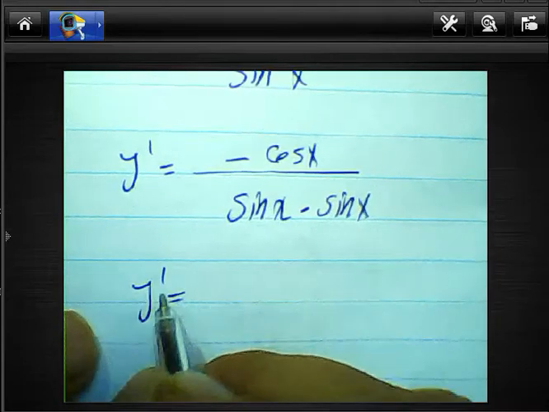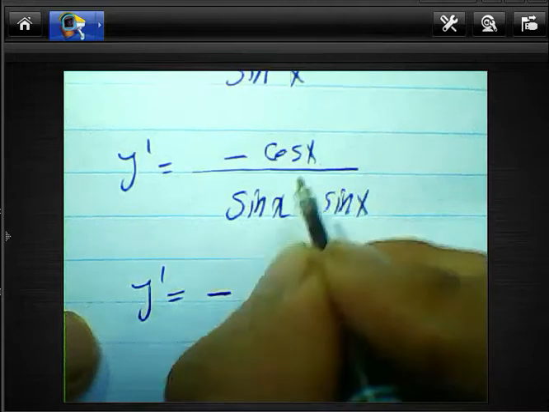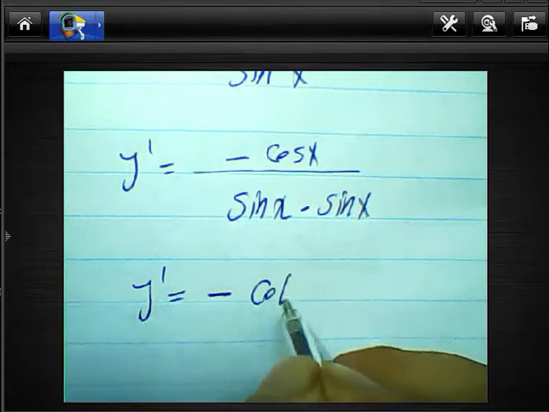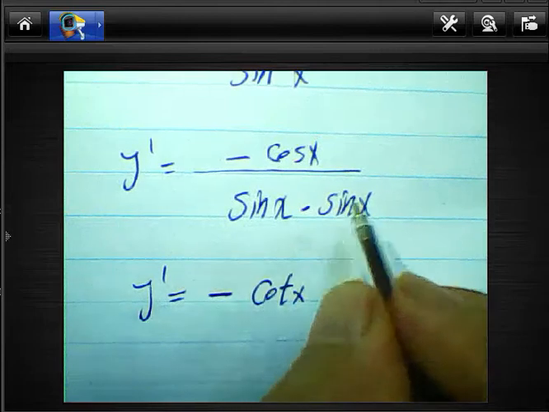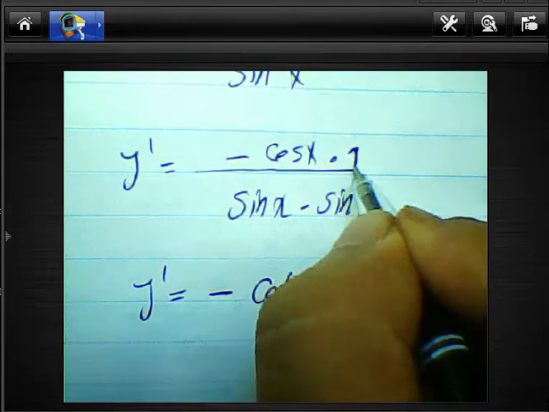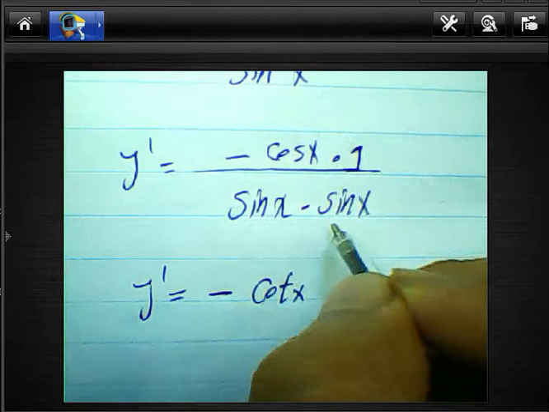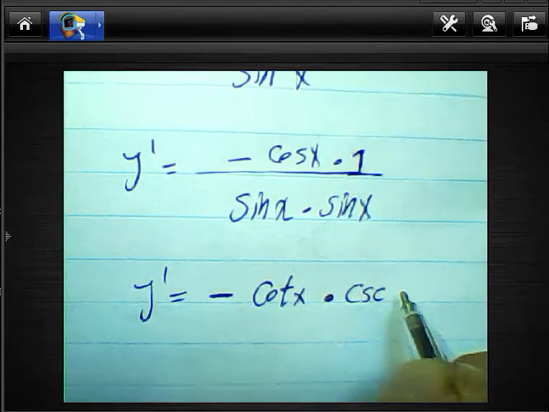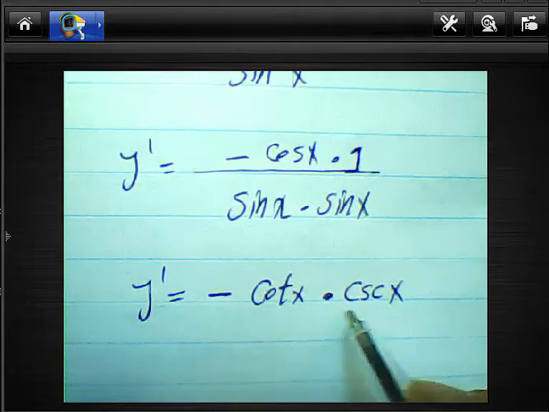Then y dash equals negative, and cosine over sine will be cotan x, and 1 over sine x will be cosec x.